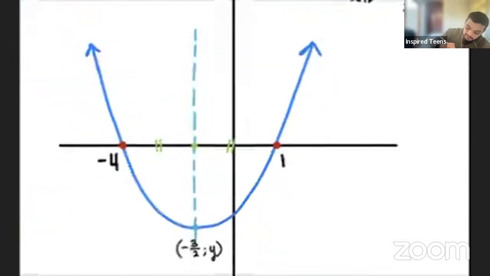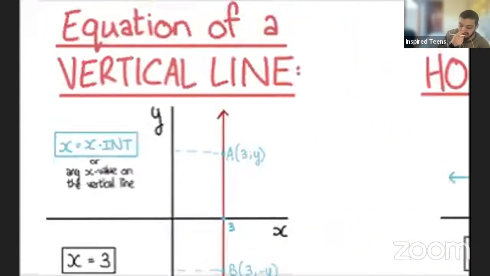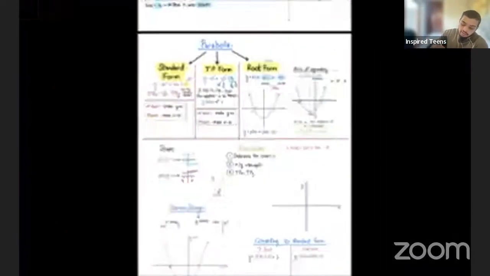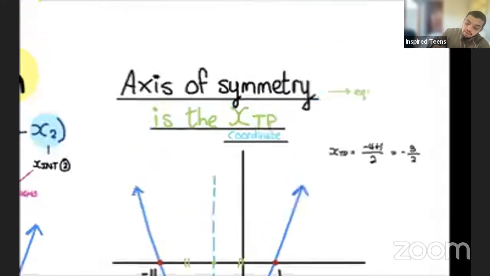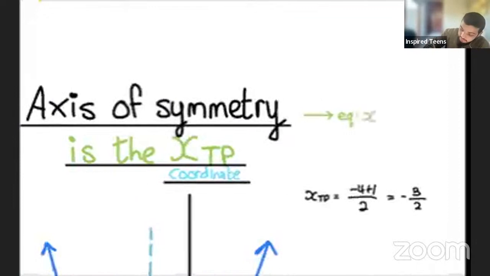It's the x turning point, -3/2. That's why we have to understand this once again: what is the equation of a vertical line? It's x is equal to its x-intercept or any x value on that vertical line. And in this case, any x value is -3/2. So the equation of the axis of symmetry, because they could ask that, is x is equal to -3/2.